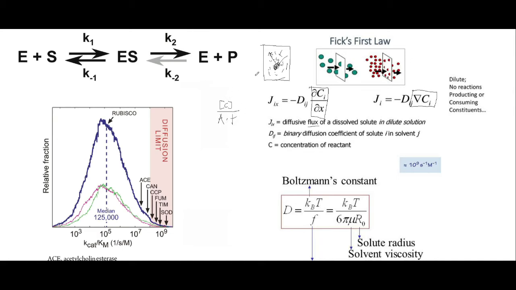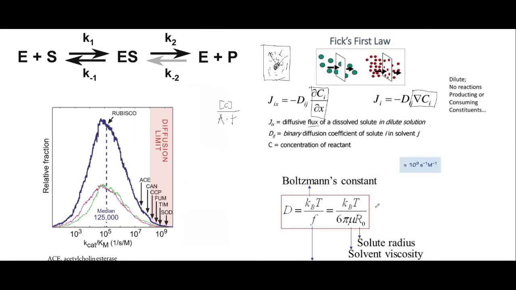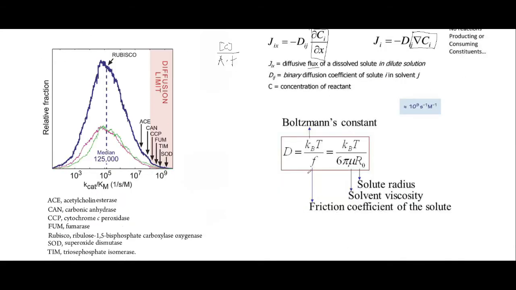And down here we show what our D is, and that is based on this thing called the friction coefficient, which I forget the guy's name. I can't think of it offhand, but that can be calculated as this product of the solvent viscosity and the solute radius.